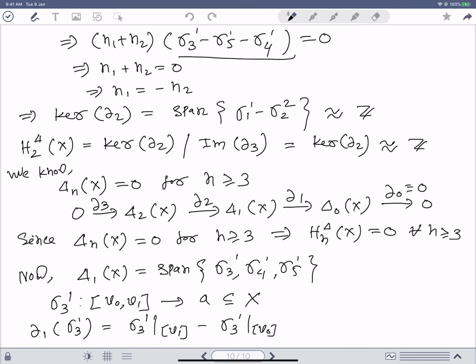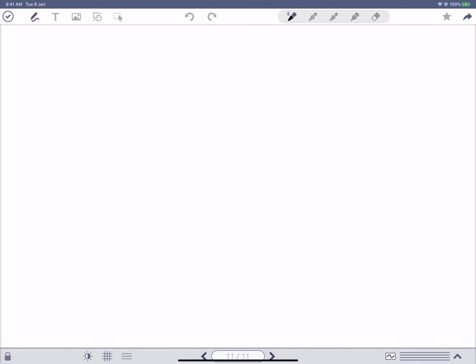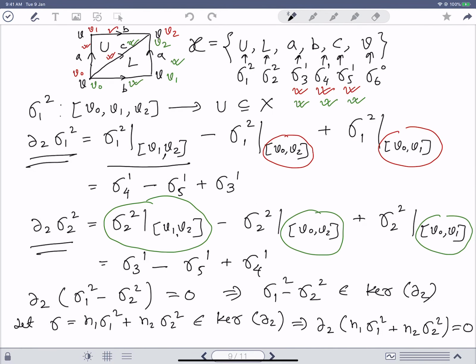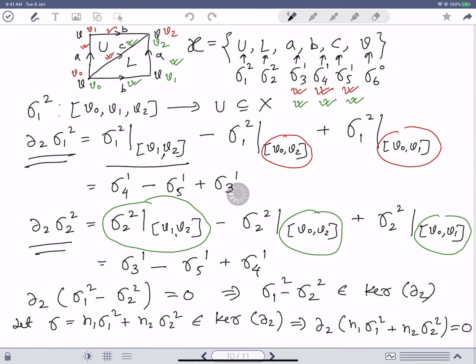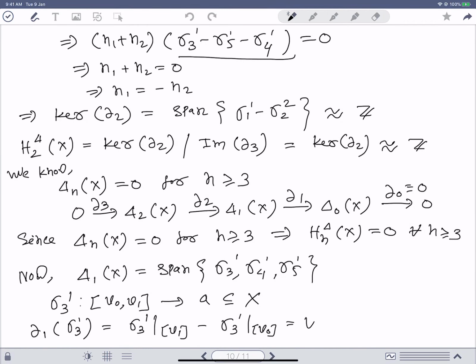But we know that if we have any, that is sigma 3, sigma 4 and sigma 5 here, you can check that the boundary will be the same, that is the v only. So in this case this is only v minus v, and that is 0.